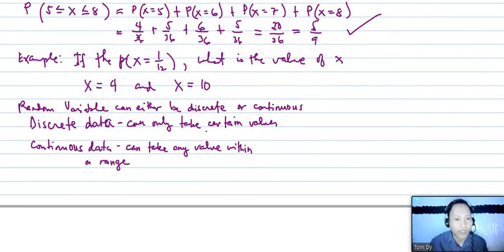Discrete data can only take certain values, such as 1, 2, 3, 4.